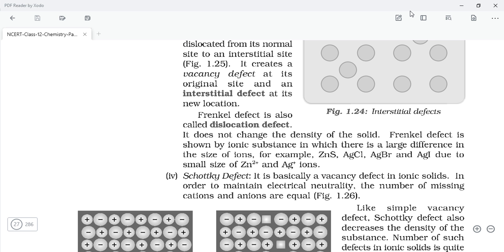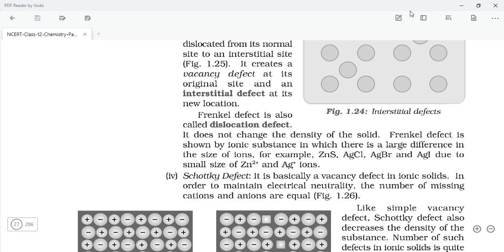stoichiometry inside the compound. If you write down AlCl3, for example, you have to pull out 3 Cl minus ions and 1 Al3 plus ion, so as to maintain the electric neutrality of the lattice.